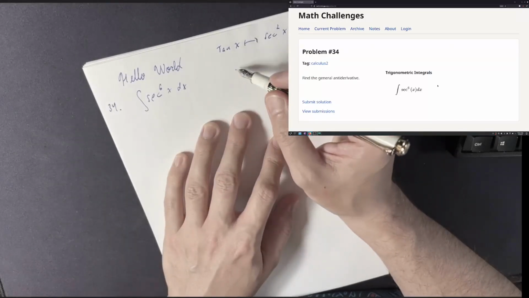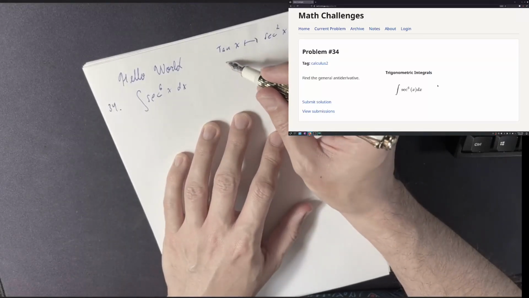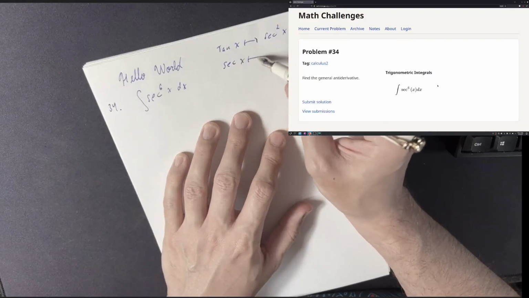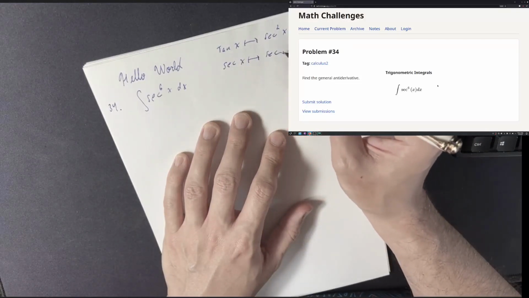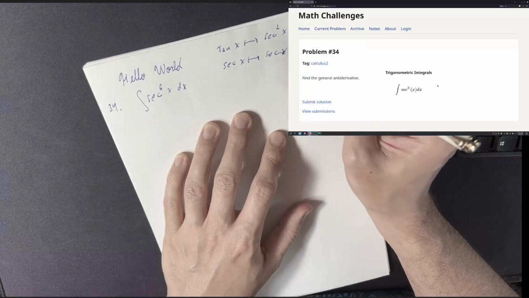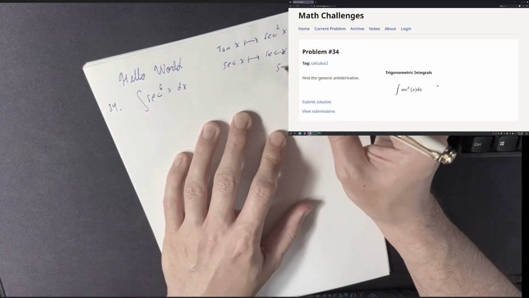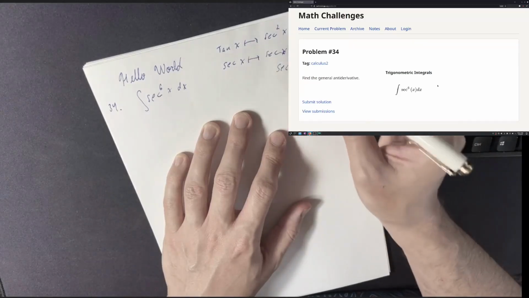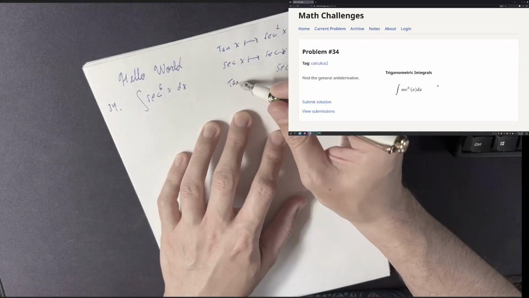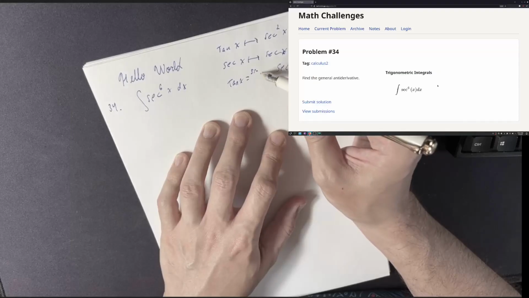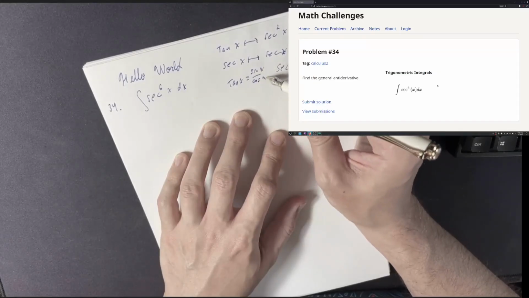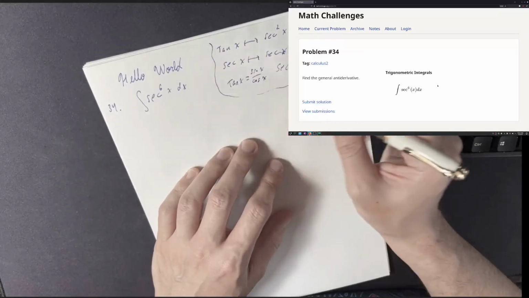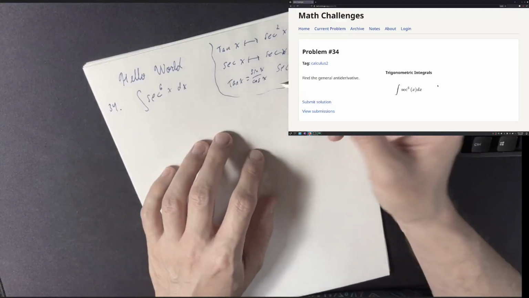The derivative of secant is secant tan. And secant, of course, being defined as 1 over cos. Tangent is sine over cos. So stuff to know.